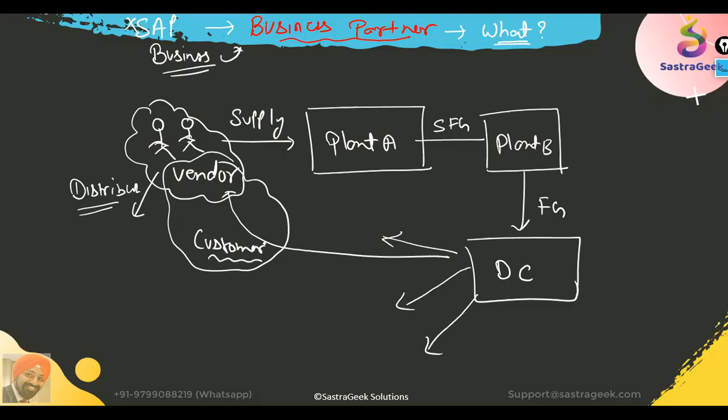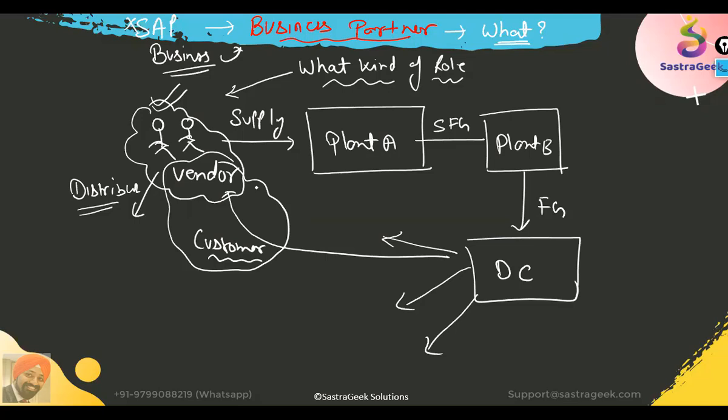Okay, so any entity, whether it is a vendor or a customer, is defined by what kind of role it is performing. In a supply chain, at a different moment, one entity can play multiple roles. Like this entity, he is playing the role of a vendor initially, and later on the role of a customer.